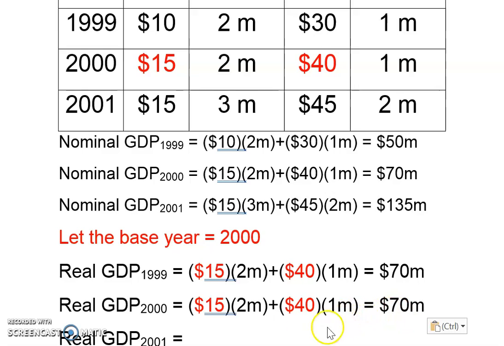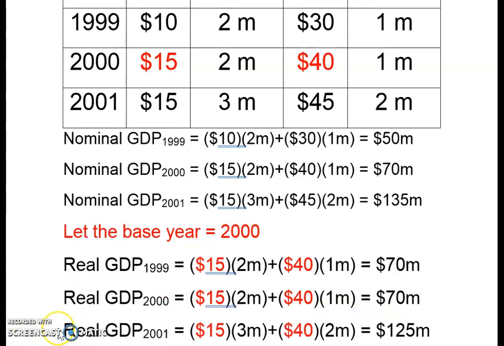So the result is 70 million. For year 2001, again, we use the base year's price multiplied by year 2001's pizza, which is 3 million. And then for the jacket, the base year's price multiplied by the amount of jackets, 2 million. And that is how we get 125 million.